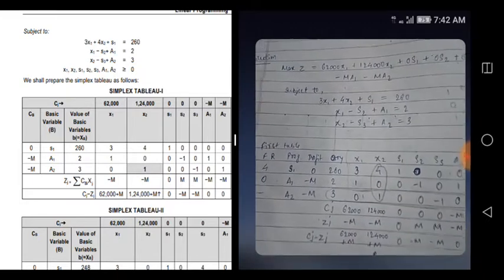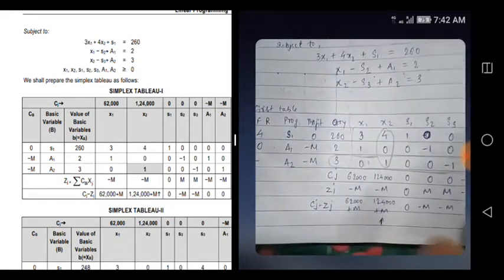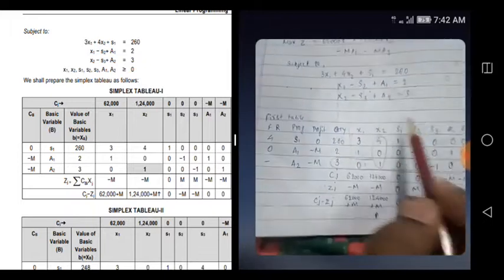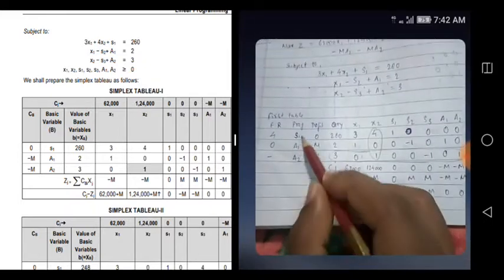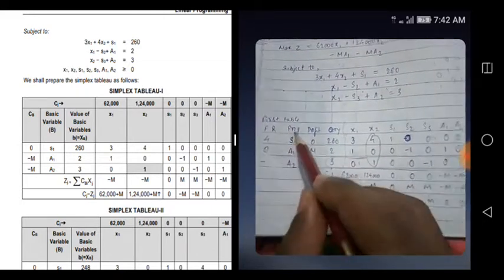Okay, because if in the beginning itself minus comes in the quantity column, we cannot proceed. That is the rule of LPP. That's why this a1 a2 has come. Okay, so we got this s1, a1, a2 quantity. Now we have to see how much profit we are getting.